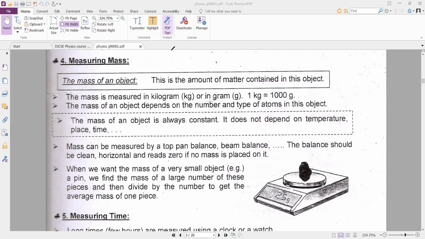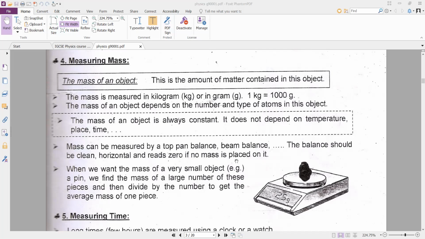Said, please. And the balance should be clean, because any dirt can change the accuracy of the balance. It should be horizontal and read zero if no mass is placed on it.